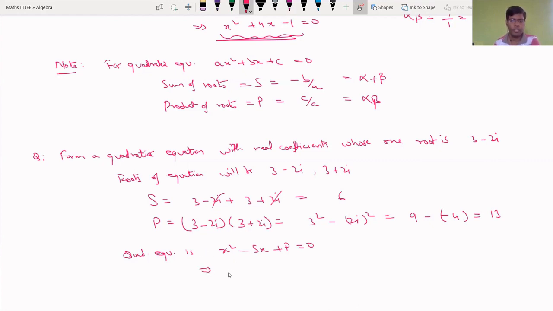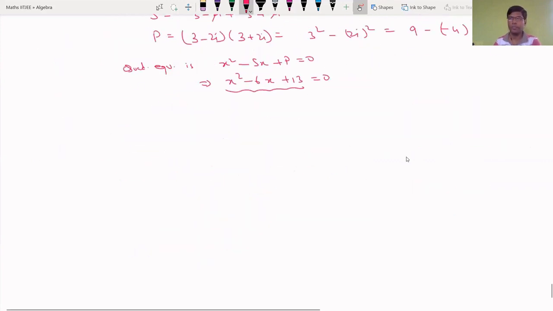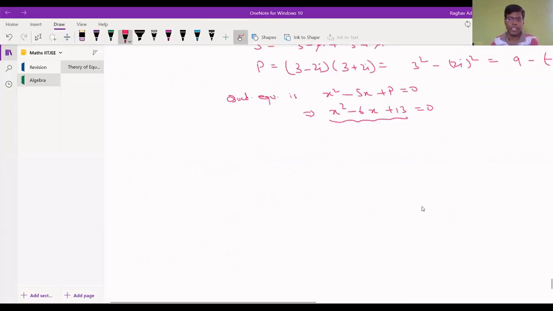So if I put the corresponding values, I will get x square minus 6x plus 13 is equal to 0. So this is my quadratic equation whose one root is 3 minus 2i. Okay, so this is how we solve when we have a quadratic equation with imaginary roots or irrational roots. So let's do another question, another type of question.